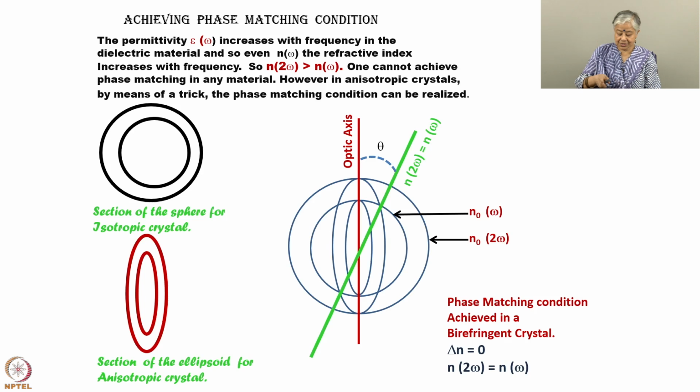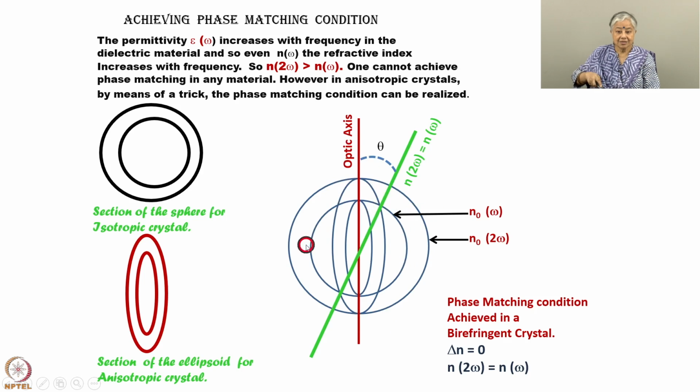If I were to take a cross section, this is what I would get. There is a circle and there is an ellipse, and there is a point where they cross each other.